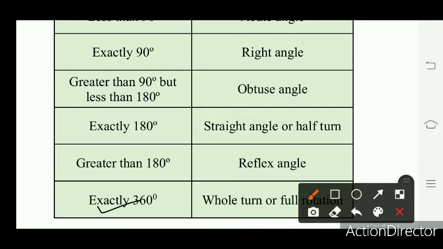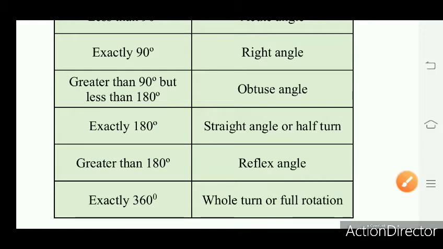The angle which is exactly 360 degrees is known as a complete angle, and it is a full rotation or whole turn. So these are some types of angles based on their turns.